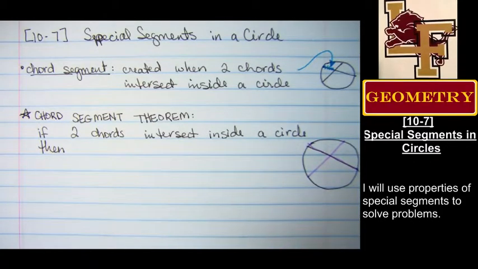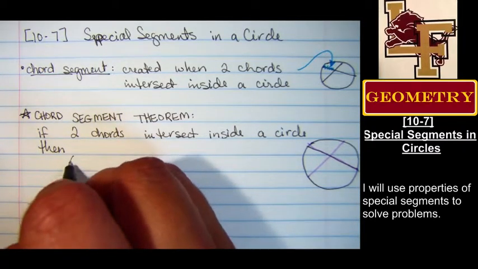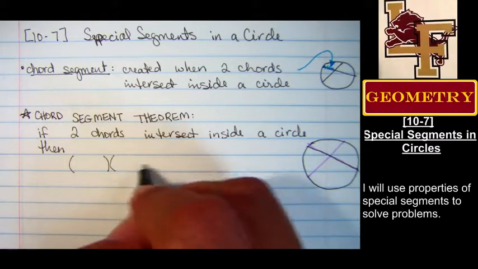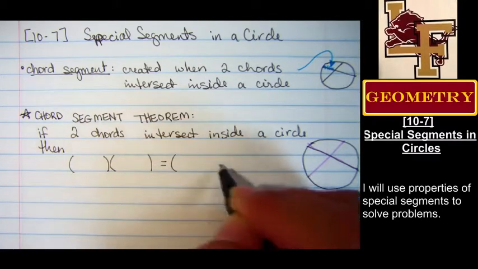I'm going to reduce the amount of words that these theorems have because they get wordy really fast. It says the products of each of those chord segments are equal to each other.